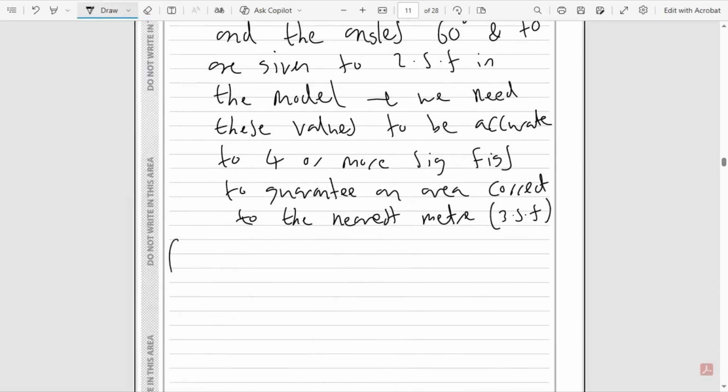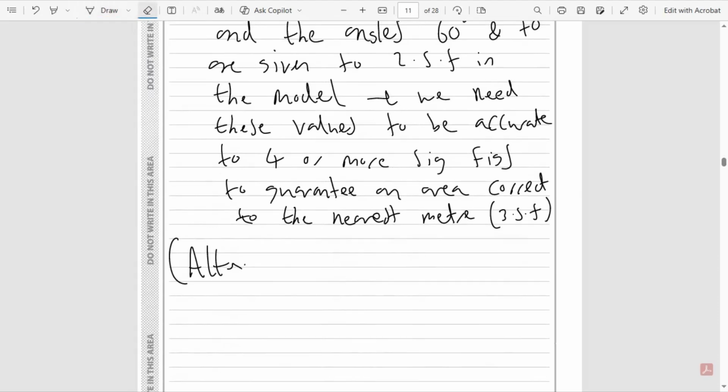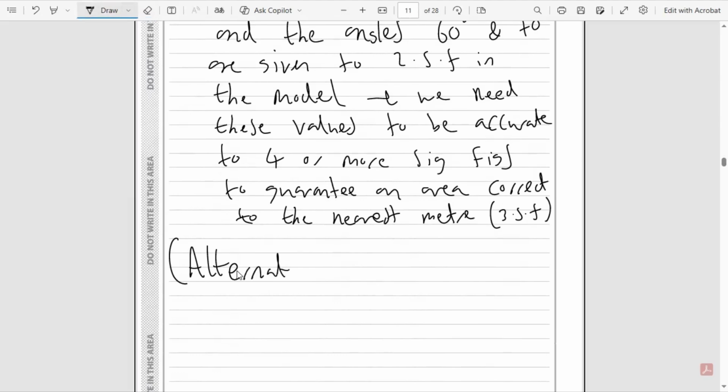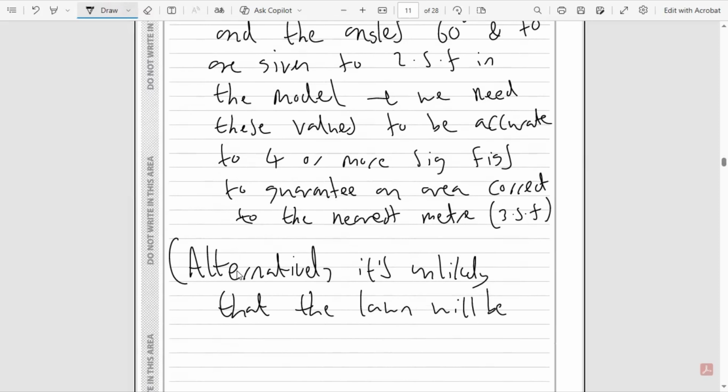Let's just say that alternatively, let's just rub that out and correct my bad handwriting. So alternatively, it's unlikely that the lawn will be exactly flat and two-dimensional.